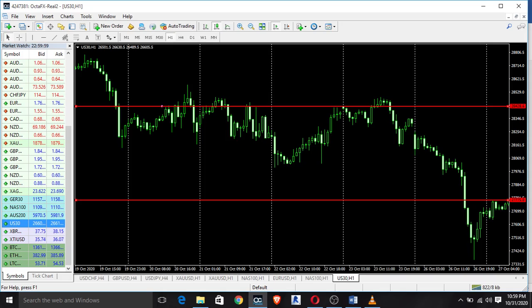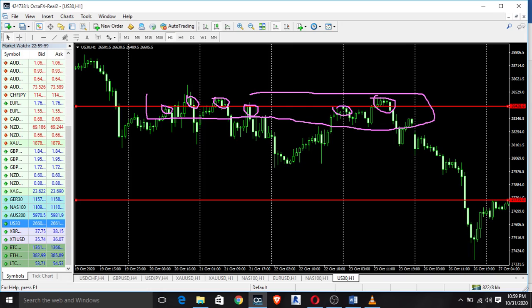Let's say 1, 2, because this is first breakout, another first breakout, 3, 4, 5, another first breakout, 6. You see, this market tested this area 6 times. That's to show how valuable this point is.